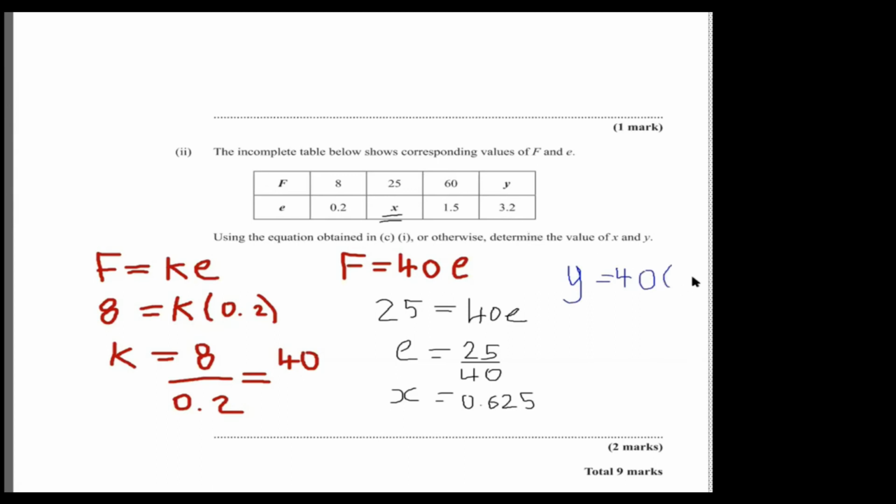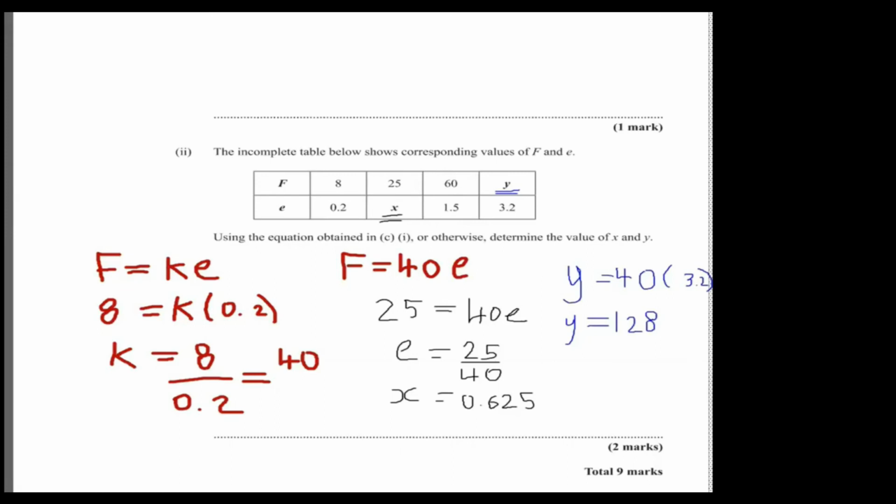So that will give us what Y is. 40 times 3.2, that's 128. So Y is 128. So that's the value for Y right here that we did in blue. All right. And that takes care of this question.